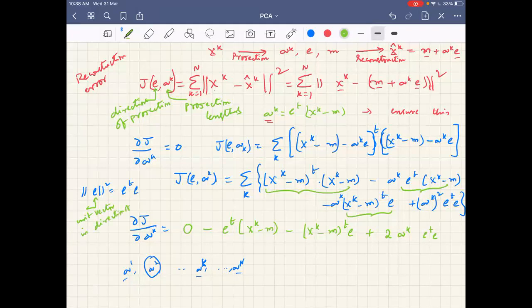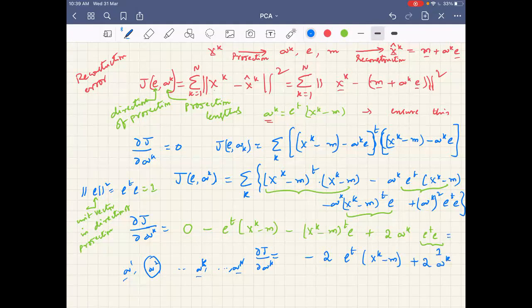Then what will be E transpose E? 1. Yeah, fine, good. So this implies that this is equal to 1. Okay, so now what is this? This is essentially equal to 1. Fine or not? So now this results in how much finally? Dou J by dou AK is equal to 2 times E transpose into xk minus m plus 2 times AK.